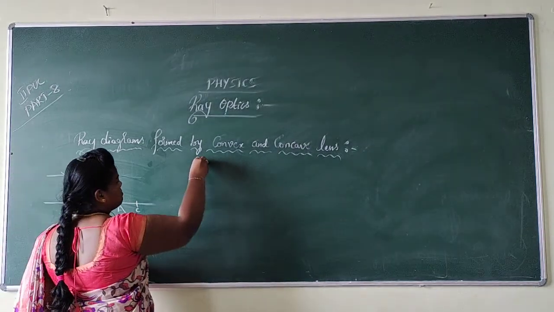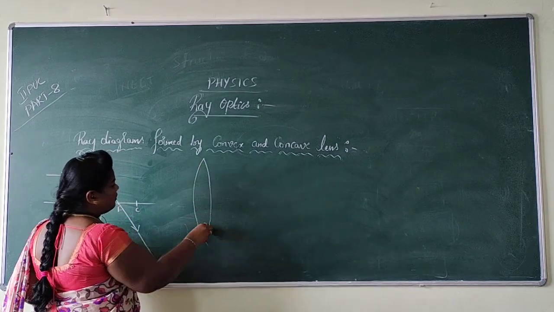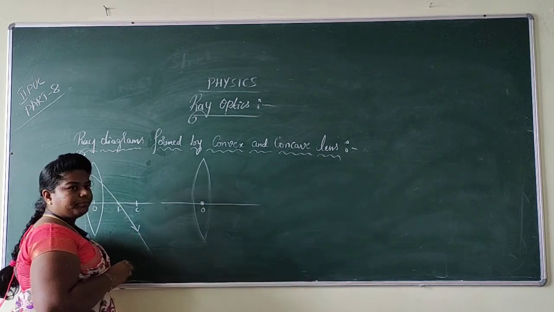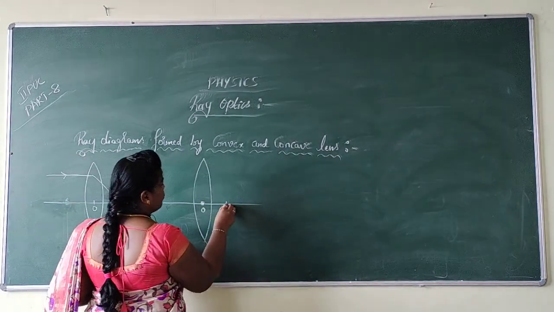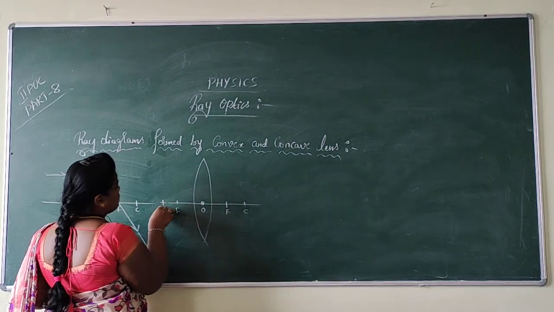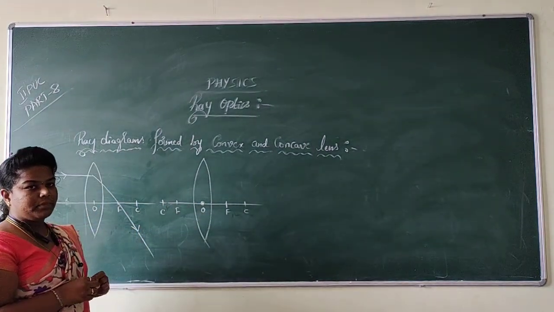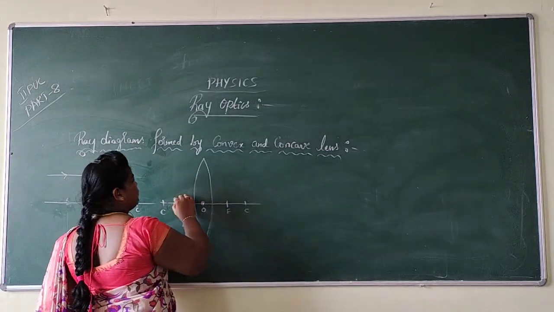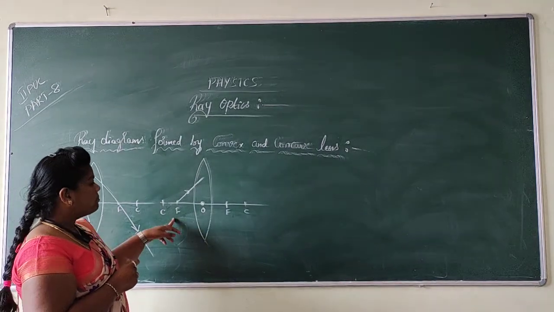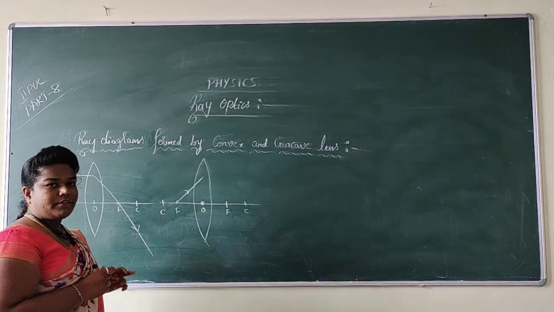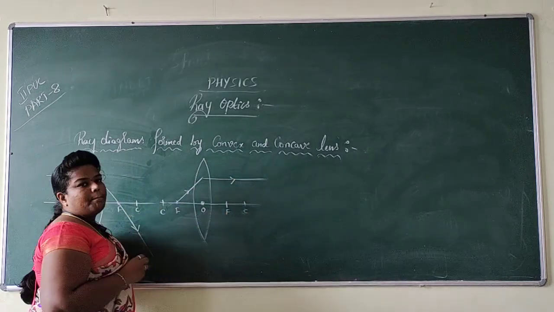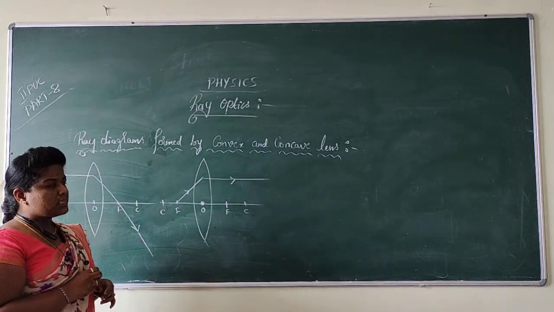Now I am going to show you another ray diagram. Three rays I am explaining here. It has a focus and also a center of curvature. Suppose a ray of light is incident from the principal focus, after refraction the ray emerges parallel to the principal axis.